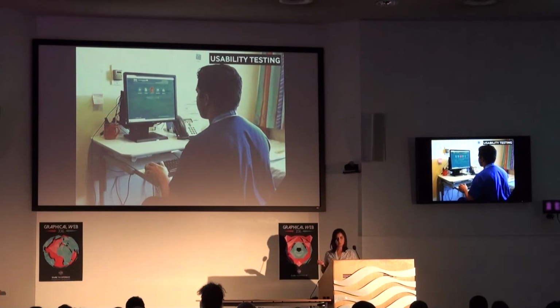We also run usability testing. This was a project that we did for the Oxford University Hospitals, one of the NHS trusts. And we spent a day there with doctors, interviewing a series of doctors for this application.